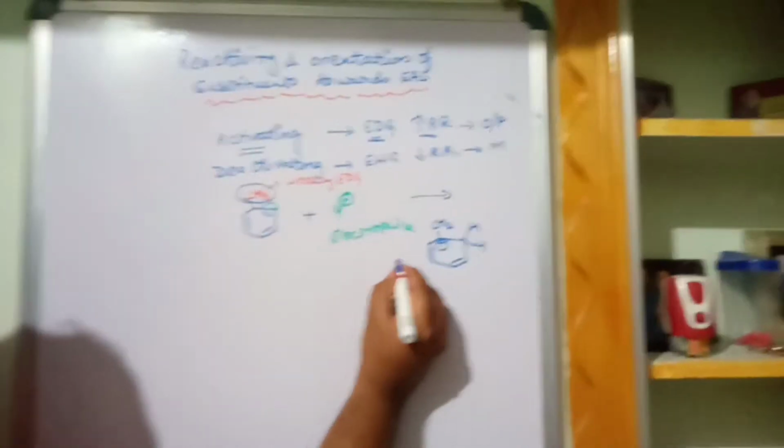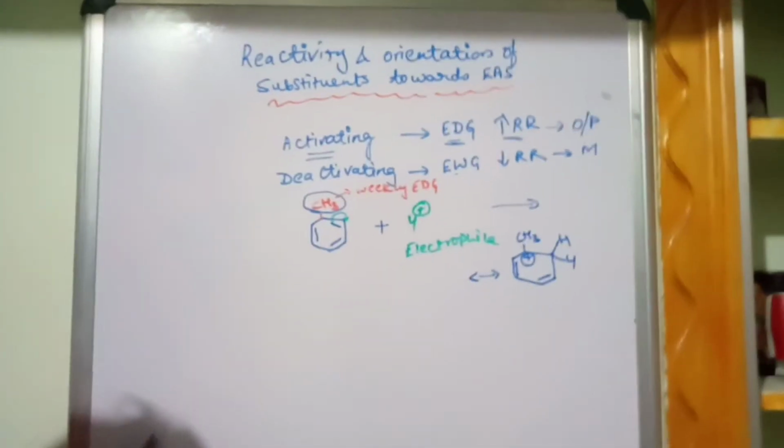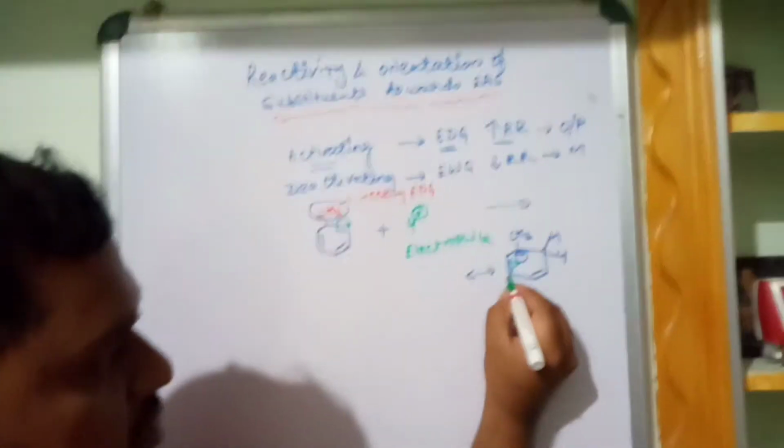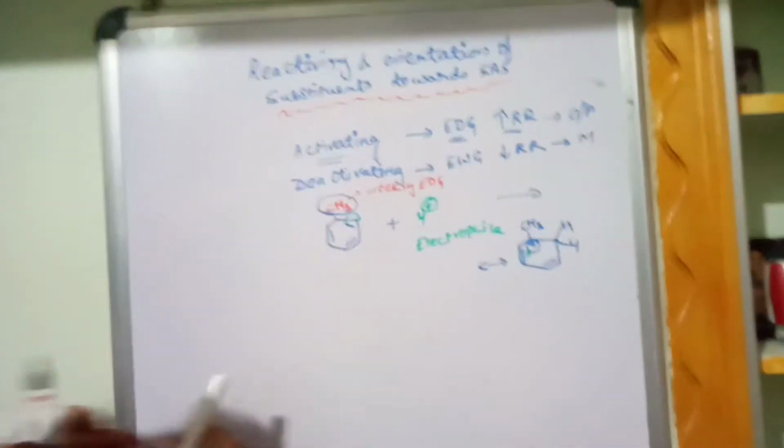So I will write in this form. How to write the resonance stabilization: you have to write in such a manner that the pi electrons move towards the charge and the charge will come here.